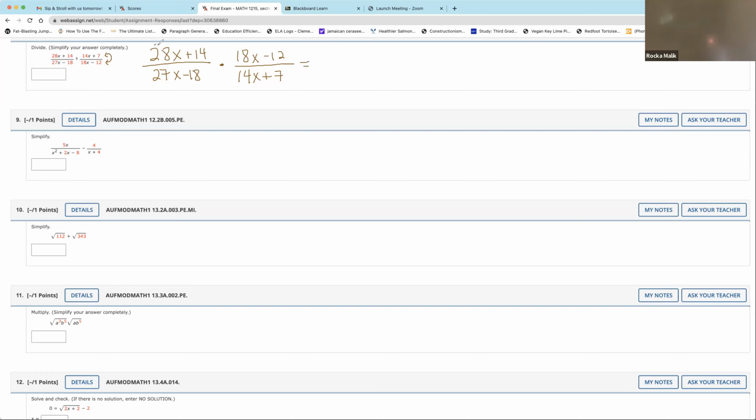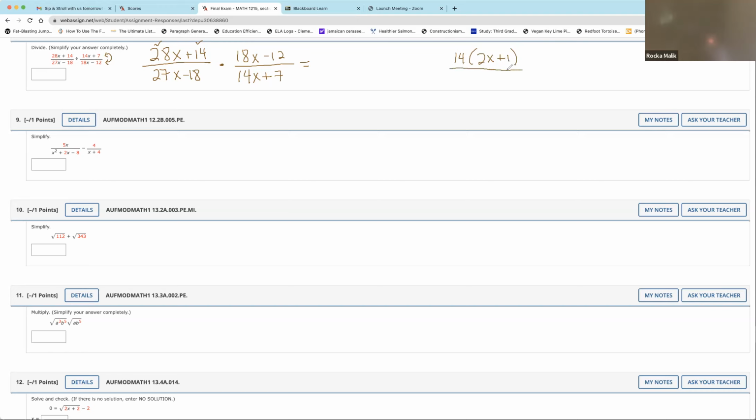So for 28 and 14, 14 will go into 28. So I have 14 times 2x plus 1. I'm just writing it in its factored form.